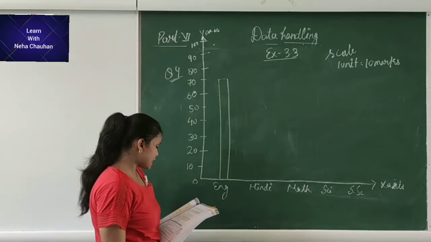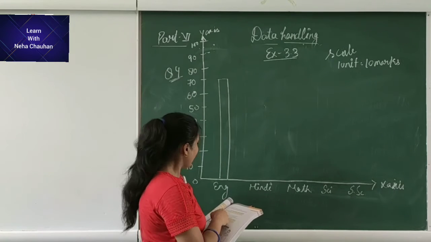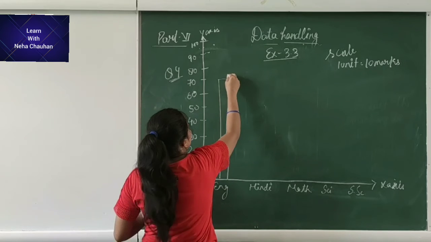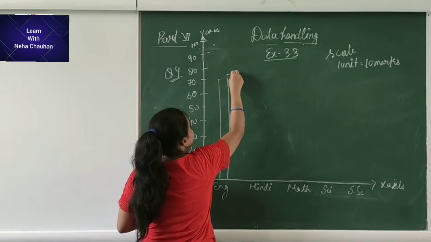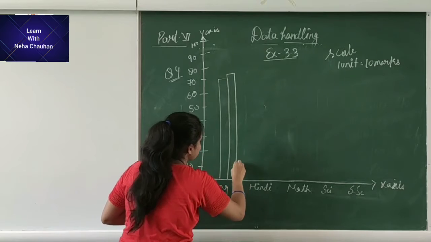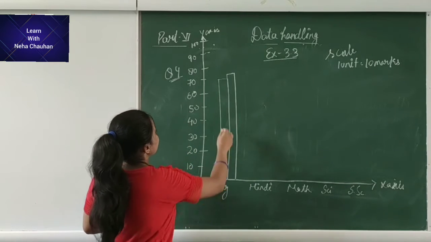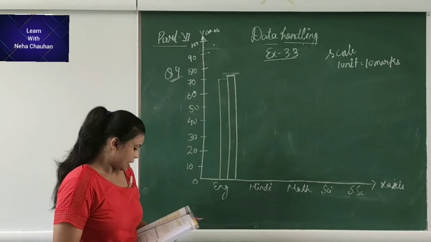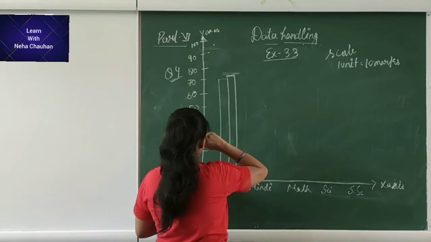Okay. Next is the second semester, 70 marks. So for the second semester we can draw like this. Okay. Next Hindi, 72 marks.